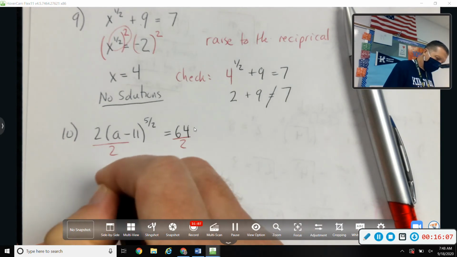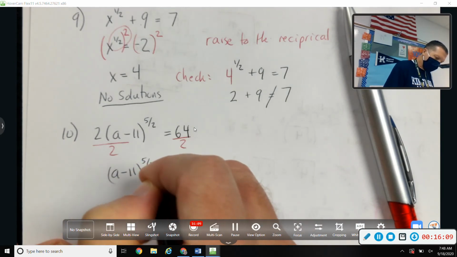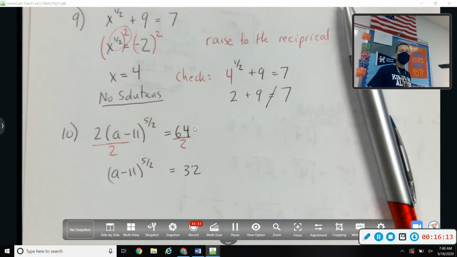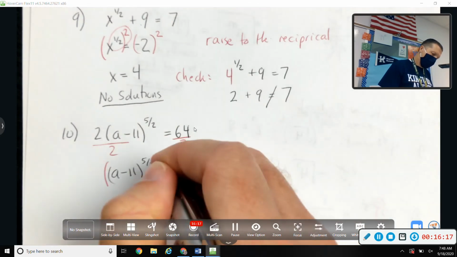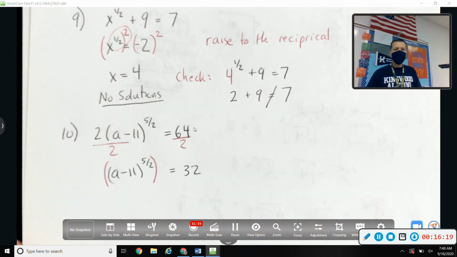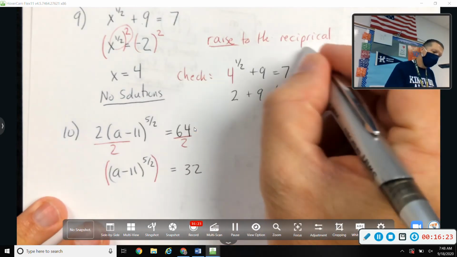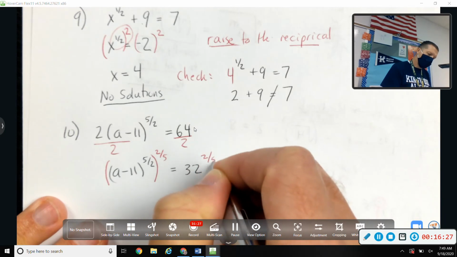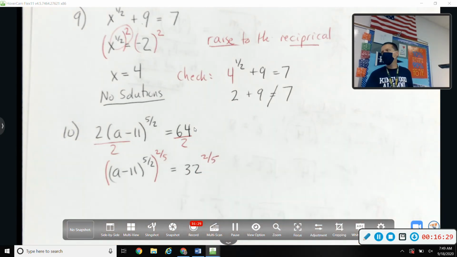So (a minus 11) to the 5 halves equals 32. We don't particularly like 5 halves, so we'll raise it to the reciprocal. Both sides, though, just like everything in math, whatever you do to one side, you got to do to the other.